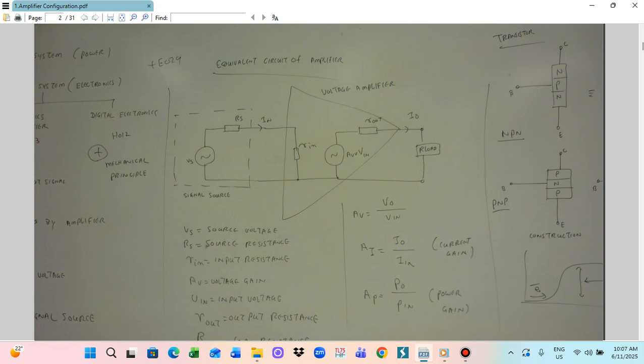Then we use R load, and so the whole thing we can draw as the amplifier equivalent circuit. R in means the input resistance, and this is the source voltage. RS means the source resistance. RA means the input resistance.